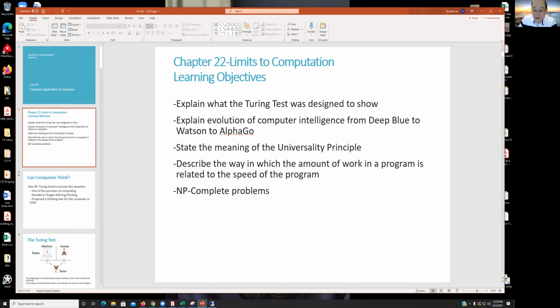What does the universality principle mean? And talk about the work and the way it ties to the speed of the program, and then the idea of NP complete problems. These are all within your textbook, which covers a decent amount of detail.